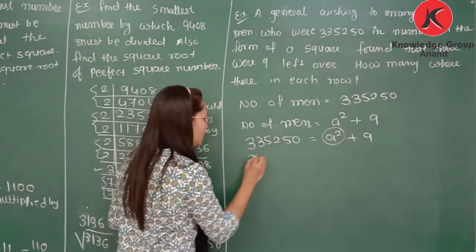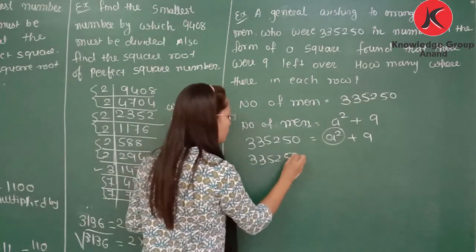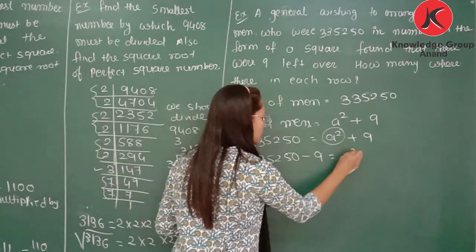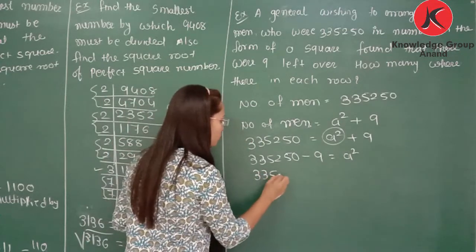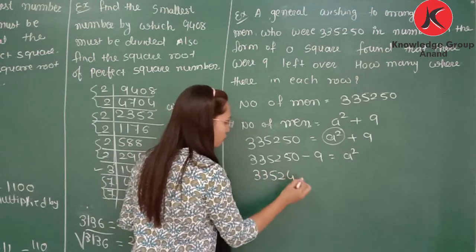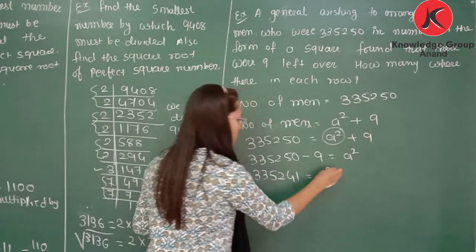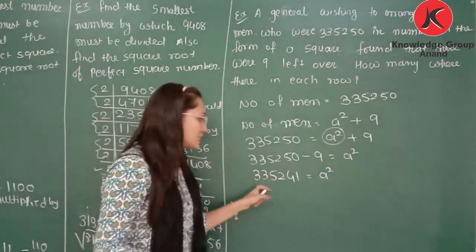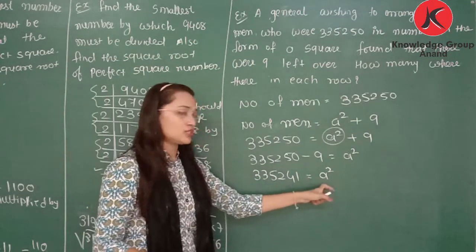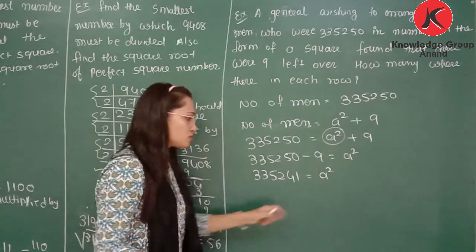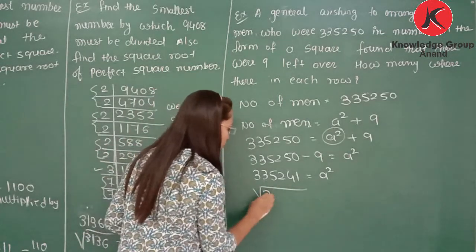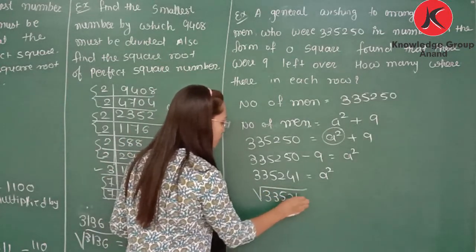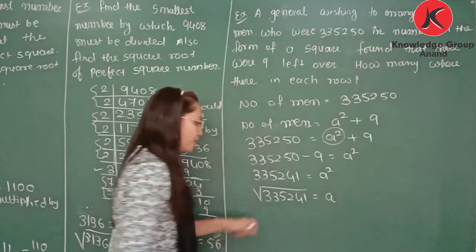So we will get 3,35,250 minus 9 will be A square. Now subtraction. So we will get 3,35,241 is equal to A square. It means this many men will arrange in a square. Okay. So now to find the number of rows, we need to take the square root of 3,35,241. Now factorize this one.